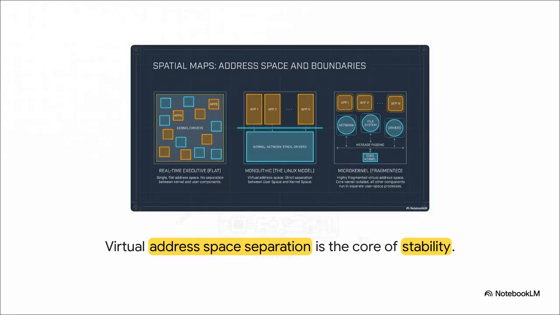We are moving away from that legacy flat model, where apps and drivers are all jumbled together in one super dangerous shared space, over to the monolithic Linux model. We get the strict physical dividing line separating the unprivileged user space, which is where your apps live, from the privileged kernel space, where the critical drivers and network stacks do their thing. This virtual address-based separation is basically the secret sauce of modern embedded stability.